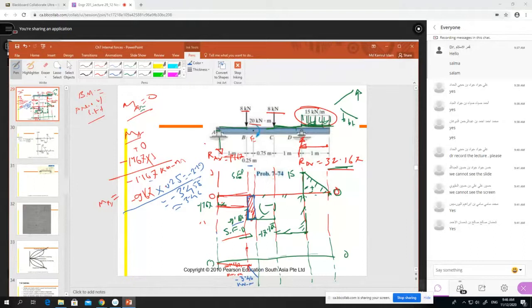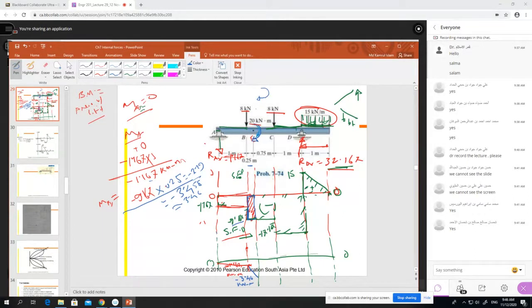Then if you see exactly at the B point, we have another external moment directly. And how much is this one? Is it clockwise or anti-clockwise? We write down whether it is clockwise or anti-clockwise. It is clockwise, right?